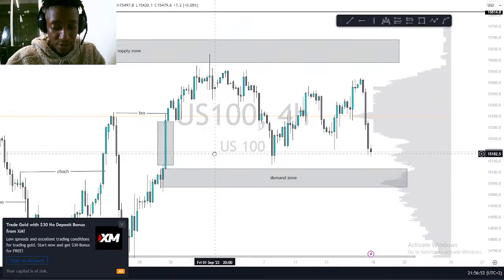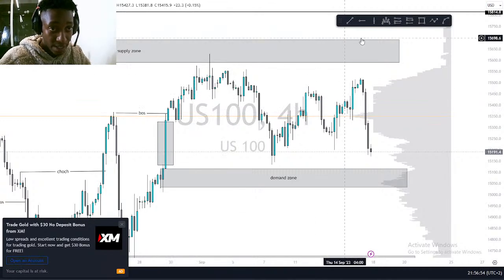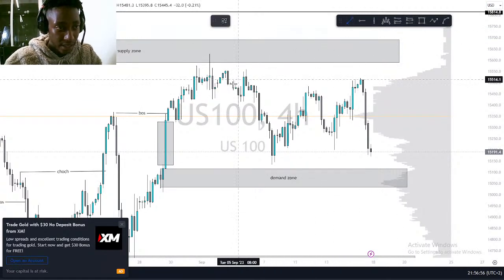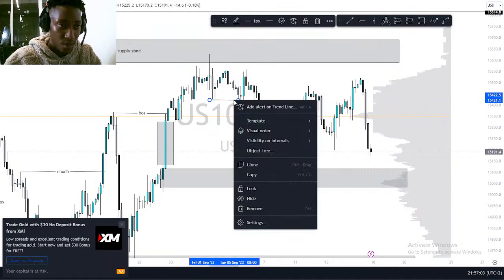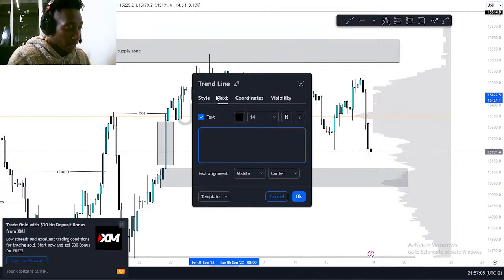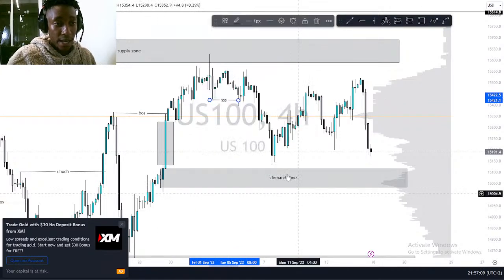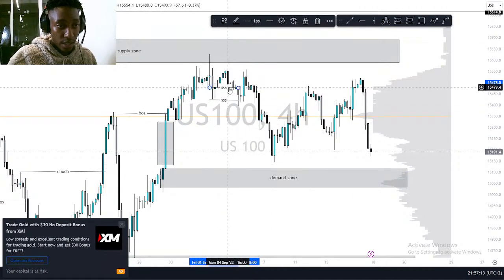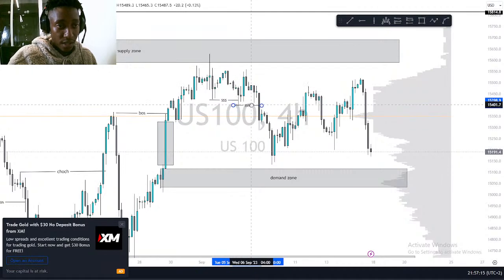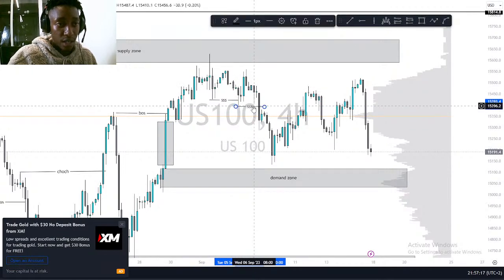So now let us focus on what's happening here. We can see that from last week, the market was breaking structures to the downside, meaning the market was on a downtrend, and then suddenly it started pushing up and it continued pushing to the downside. So we have a break of structure here. Sorry, I wrote liquidity.